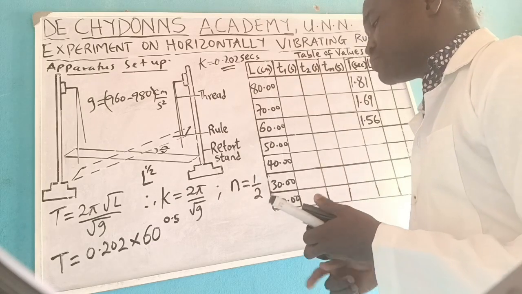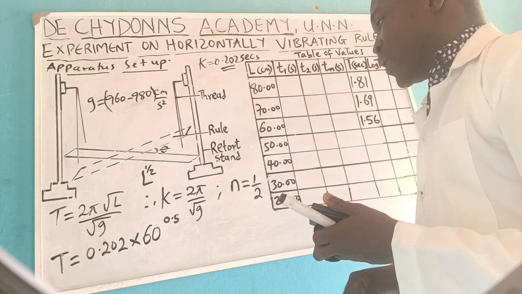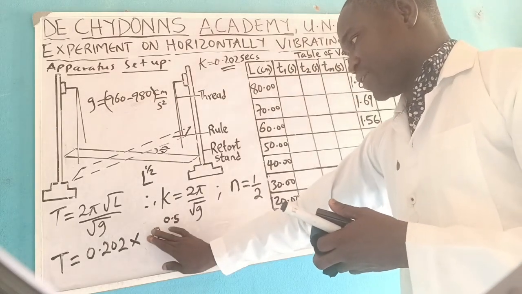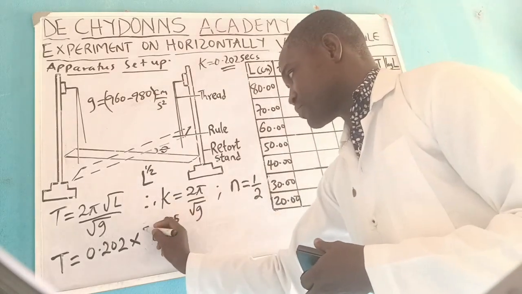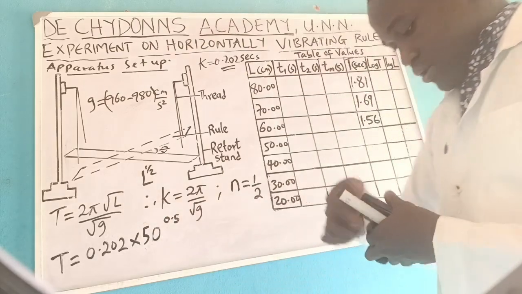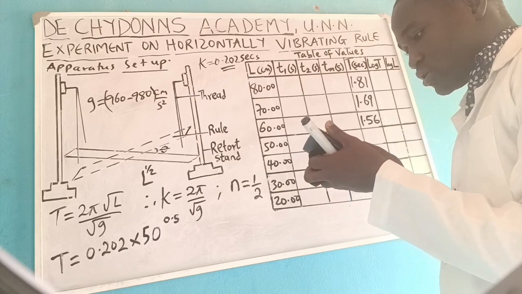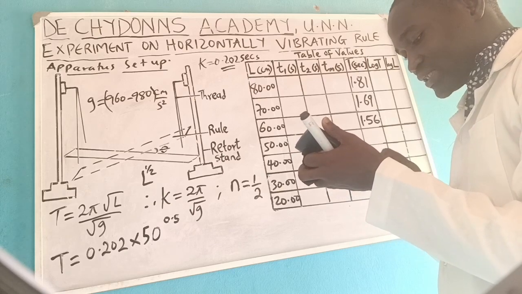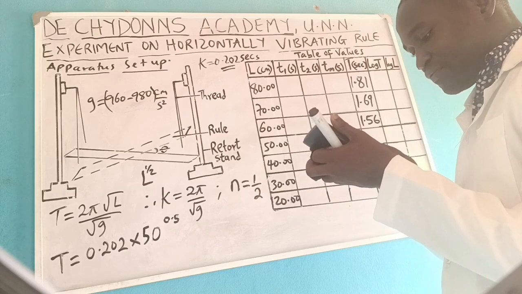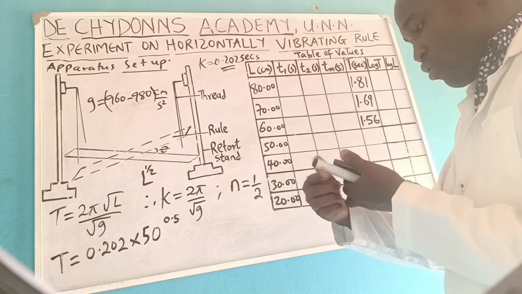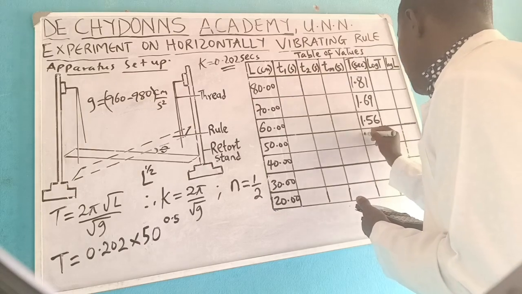We go again. We now replace it with 50. We'll be having 0.202 times 50 raised to the power of 0.5, which is 1.43.